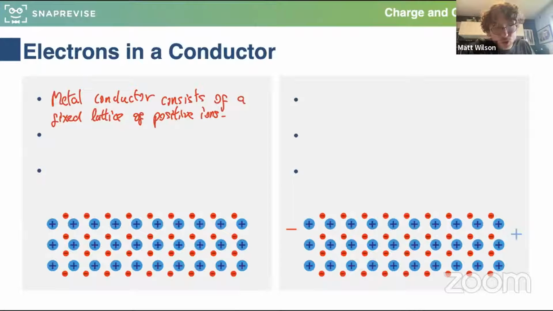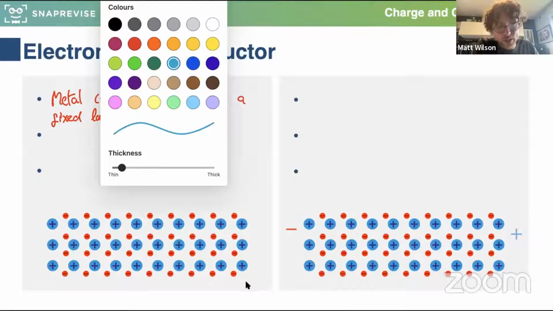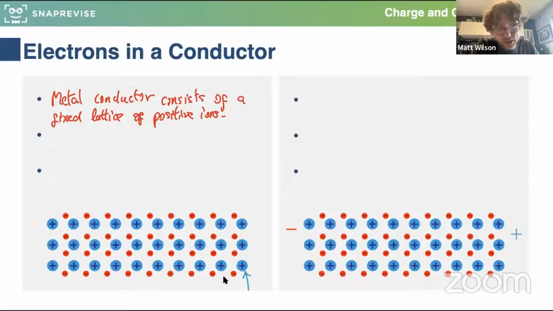Good. And we've drawn this down here. Here is our fixed lattice. In fact, let me label it in a more appropriate color. There's our fixed lattice. These ions are not going to move. They are fixed in place. Lattice is just a fancy word for a square or cube made of lots of regularly placed dots. That's all lattice is a fancy name for.